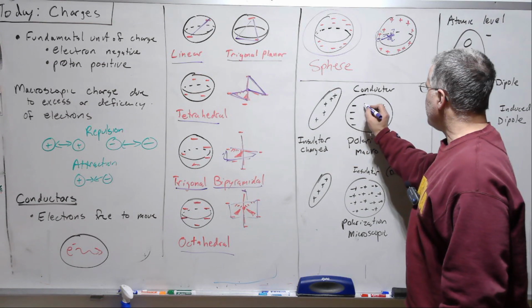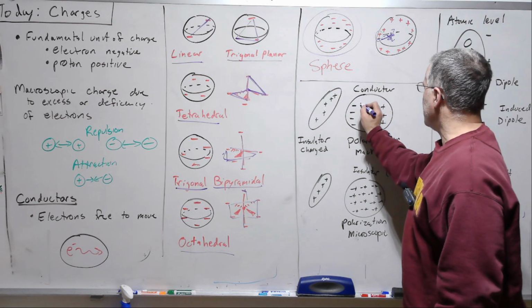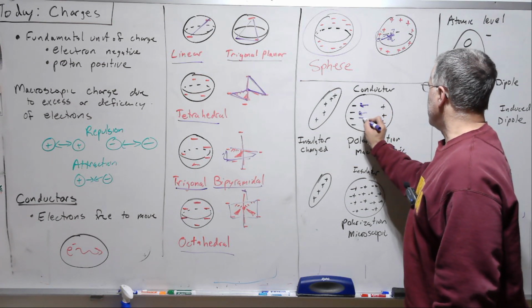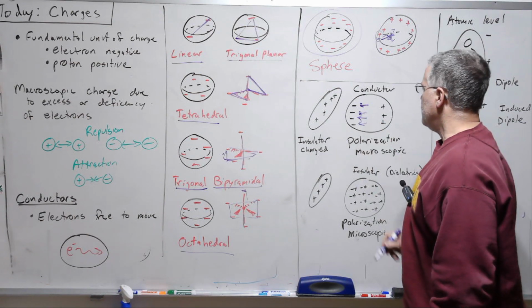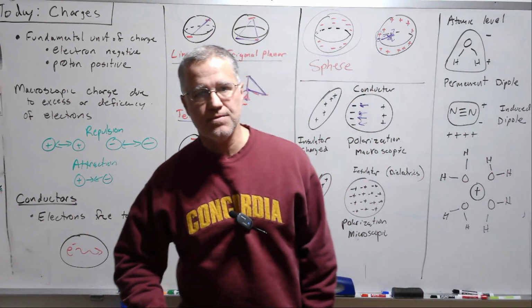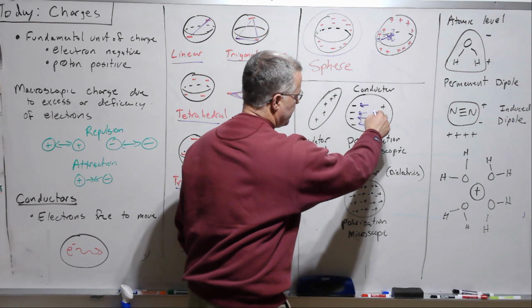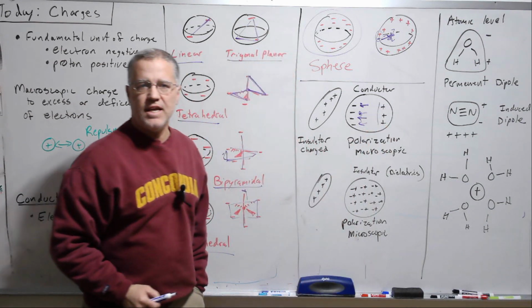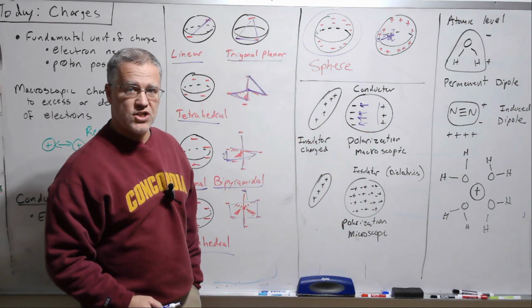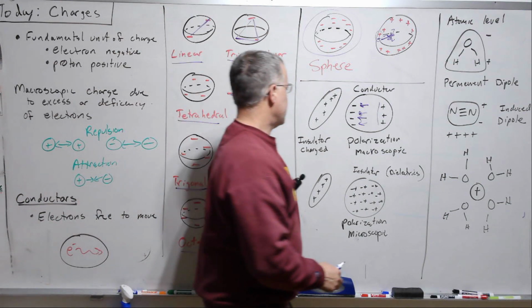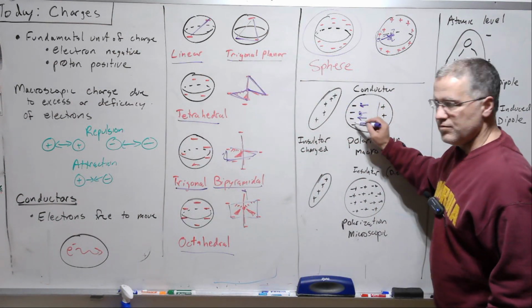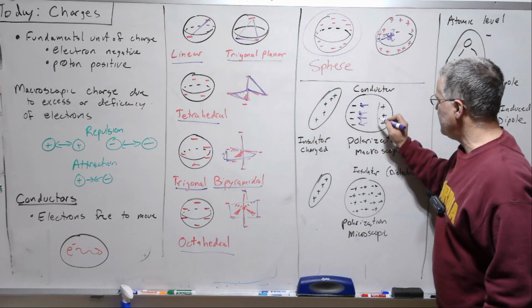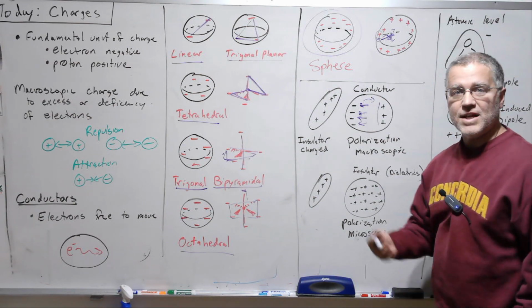And what will happen is electrons will move towards that positive charge. But as they move, they will leave behind this positive charge. Now, eventually, too many electrons will move over here, and they'll leave behind too many positive charges, so they would want to move back.